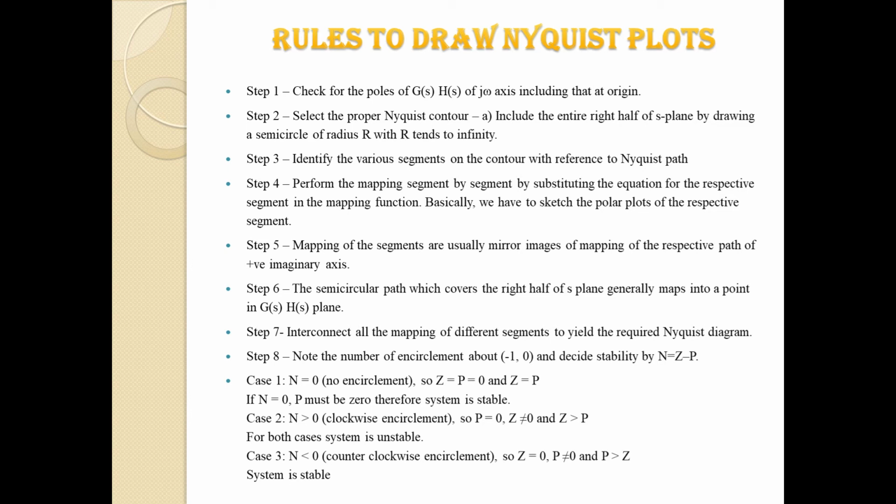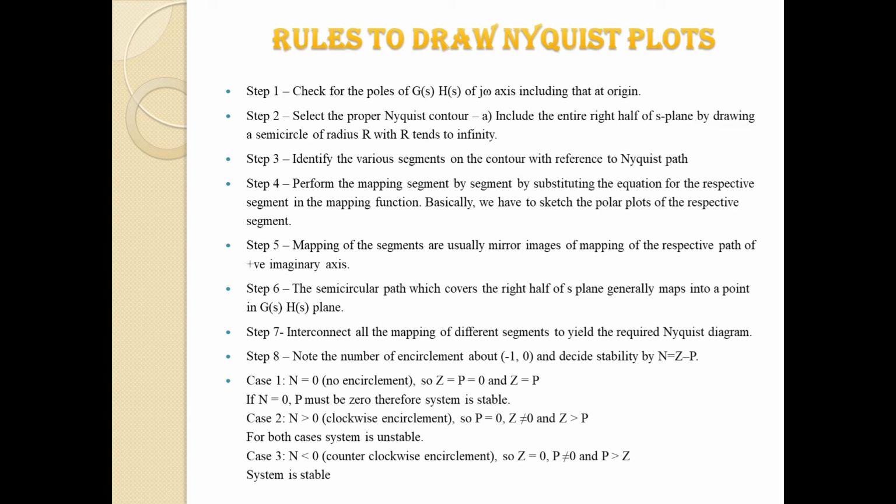After that, we need to find out the stability, where the characteristic equation is 1 plus G(s)H(s) equal to 0. So, if 1 plus G(s)H(s) is equal to 0, that means G(s)H(s) is equal to minus 1.